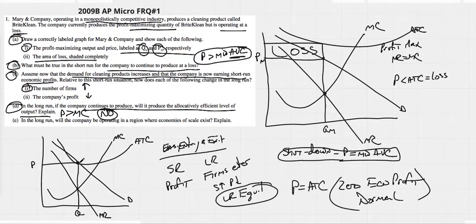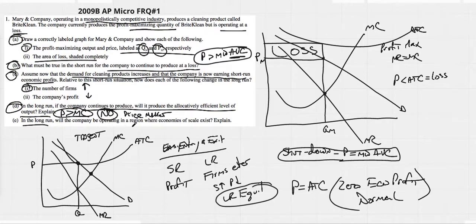Price and ATC will be tangent to one another. So this is monopolistic comp in the long run. It is not allocatively efficient because their price is greater than the marginal cost. They are what we know as price makers, right? And they will never produce allocatively efficient unless forced to do so.